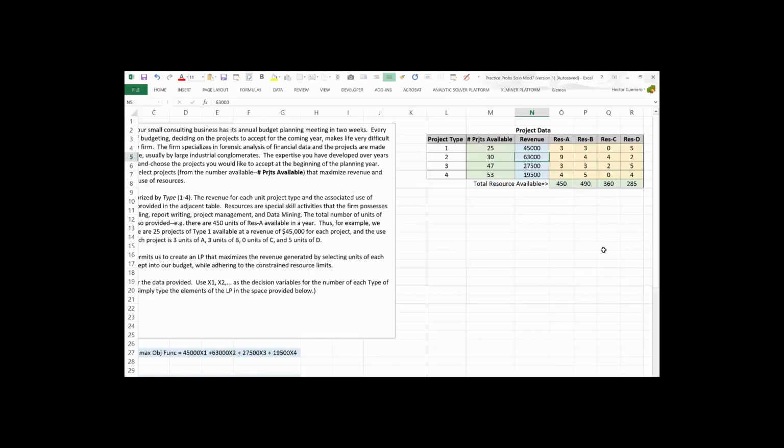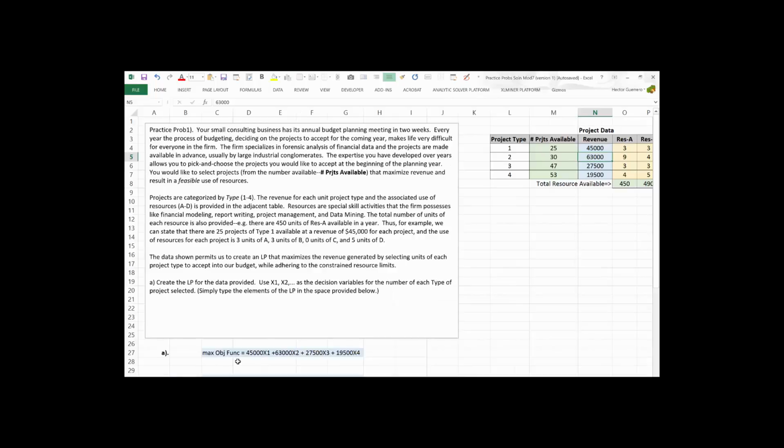So how do we organize this thing into a linear program? Well, the objective function is pretty simple, right? We want to select the number of x1, x2, x3, and x4 that optimizes or maximizes the revenue of a project. And we can do so by organizing it in the following fashion. 45,000, this is a coefficient, 45,000 times x1, 63,000 times x2, etc., will give us the revenue that's generated.